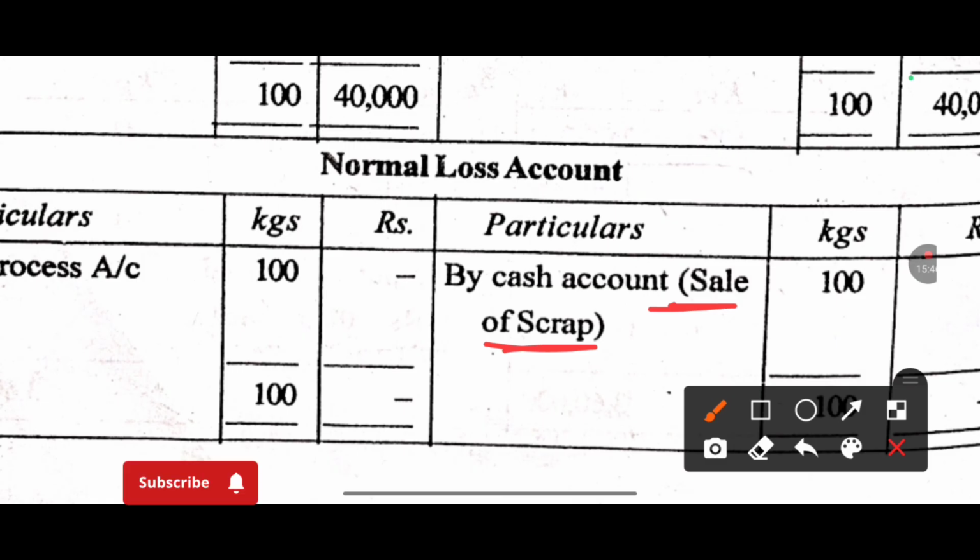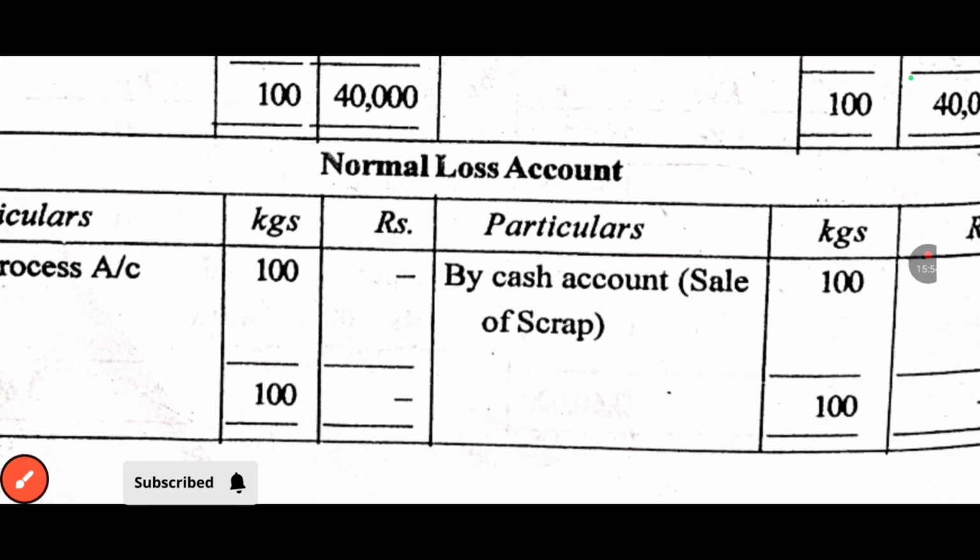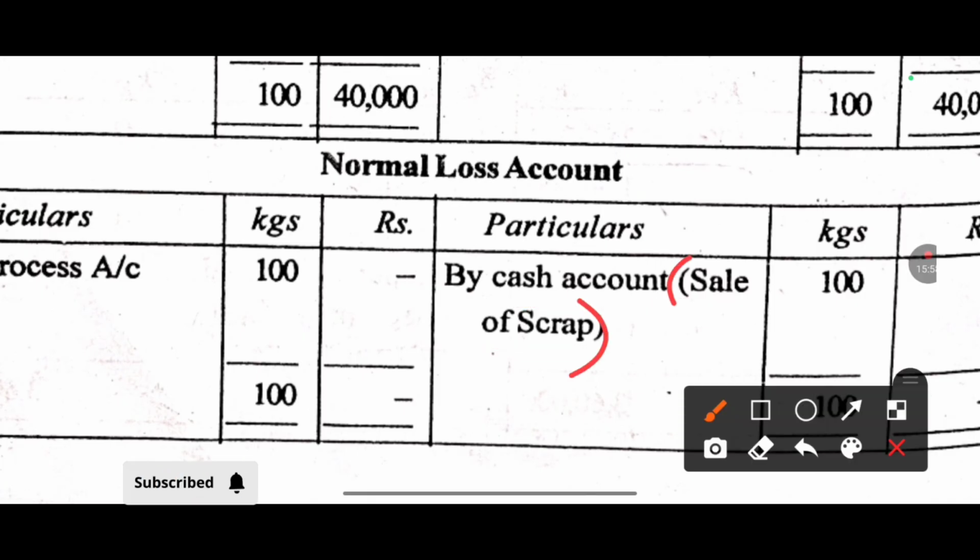So that cash is to be entered on the cash account. For that you are going to write 'by cash account'. Within the bracket you should write 'sales through scrap value'.